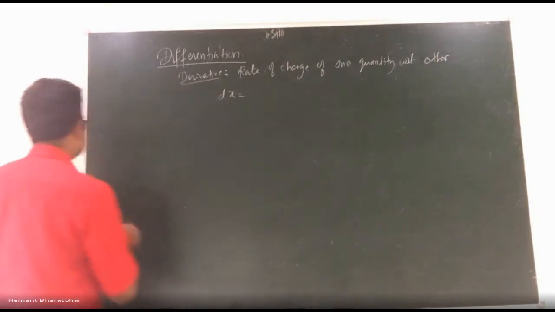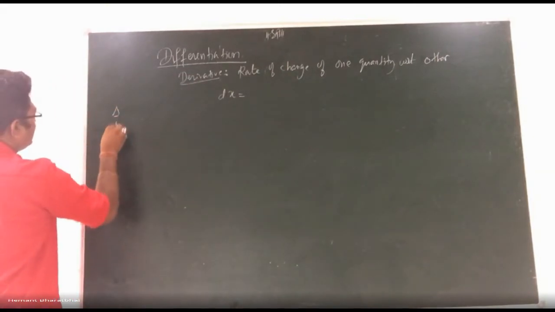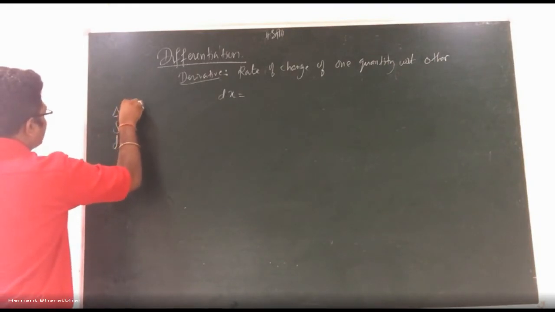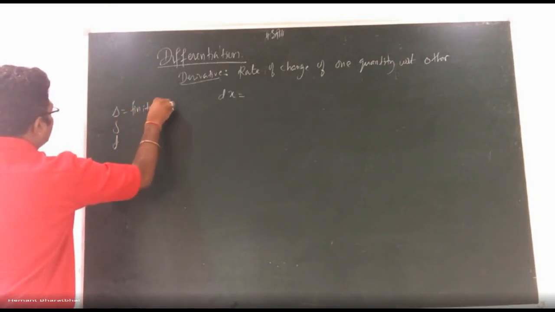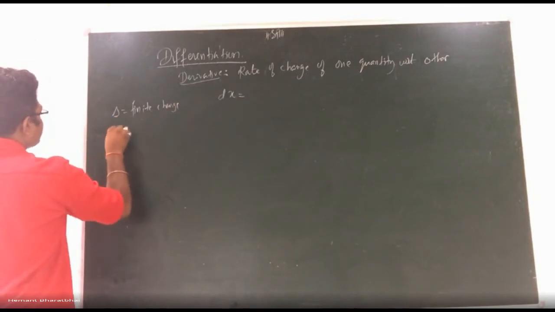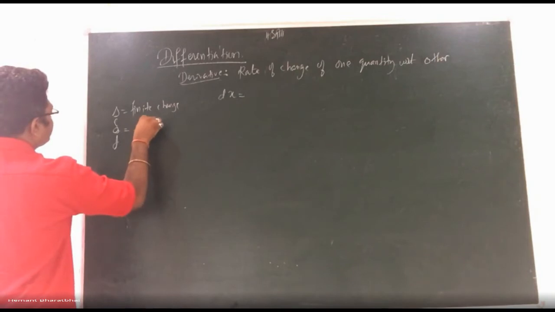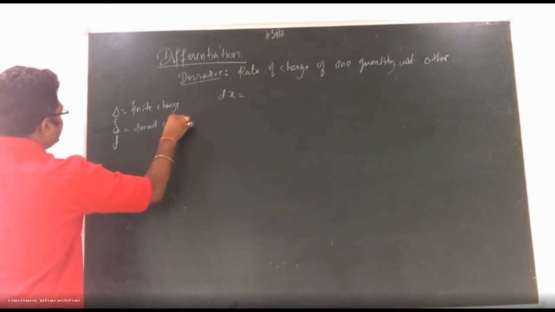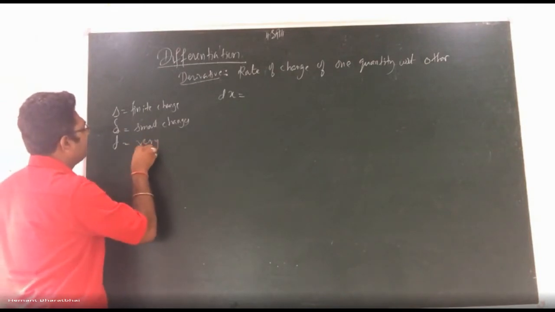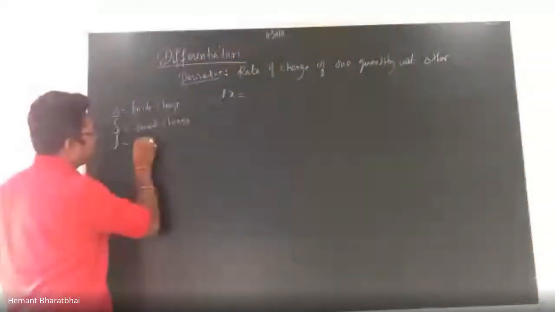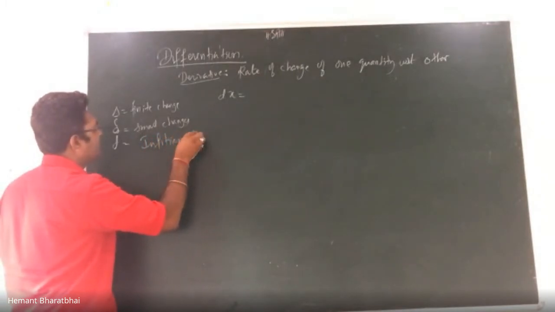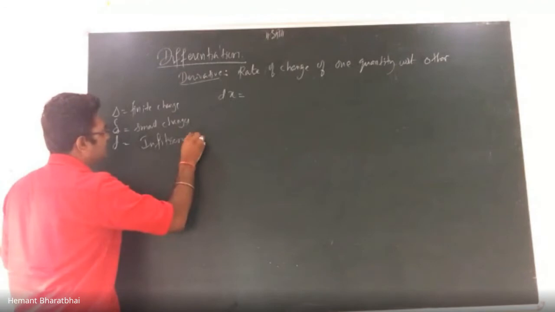If you remember, I had said previously also, small delta, capital delta, and d. Capital delta represents finite change. Small delta represents small changes, whereas d represents very small changes, also called infinitesimal change.